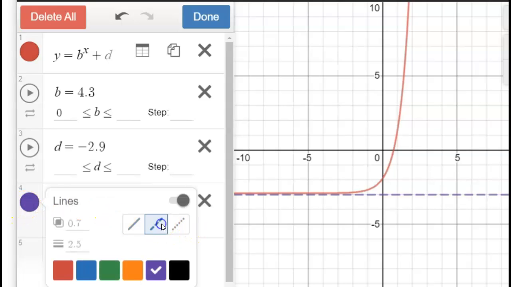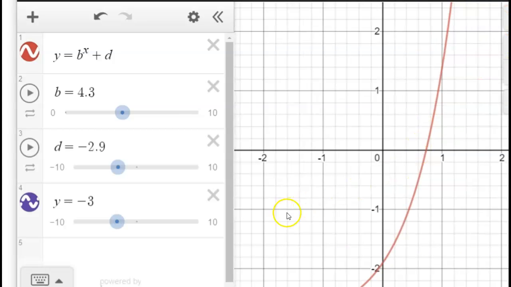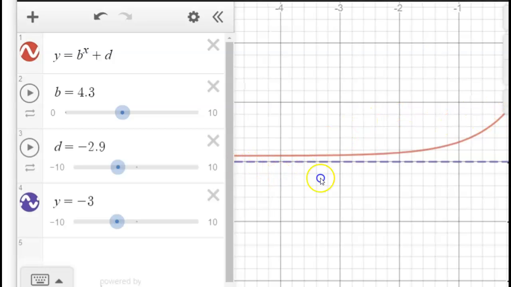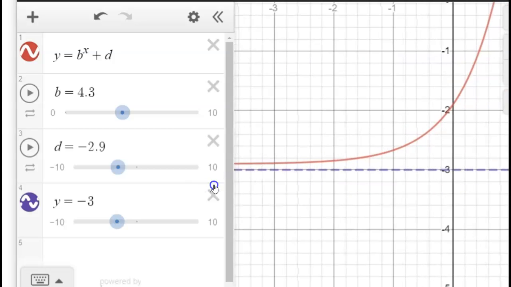I'm going to change this to a dotted line. Do you see that it looks like my red graph touches this line right here? But it really doesn't. If I change my settings, we can see that it's getting closer and closer and closer to that line, but it's not ever actually touching that line.